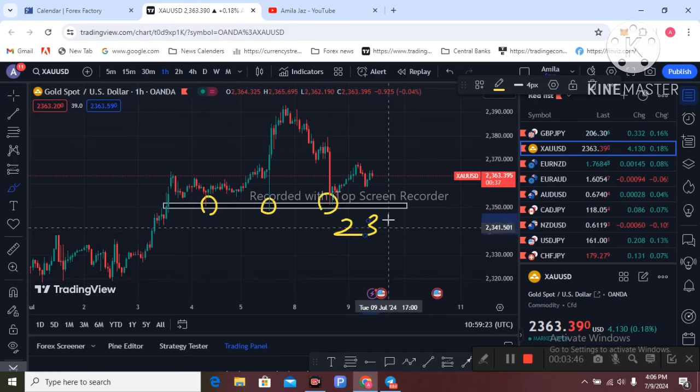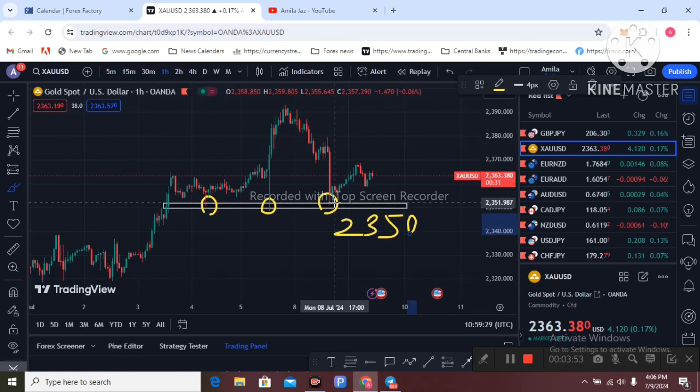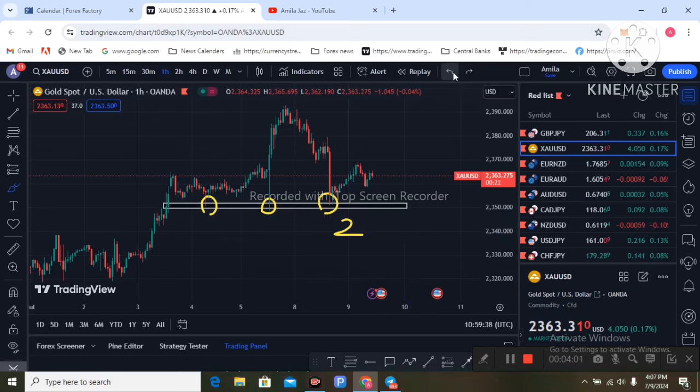That's the psychological level. That's the maximum pain level, MPL level, 2350. Price tested this 2350 area several times. You can see that's a strong support line on the 1-hour chart.